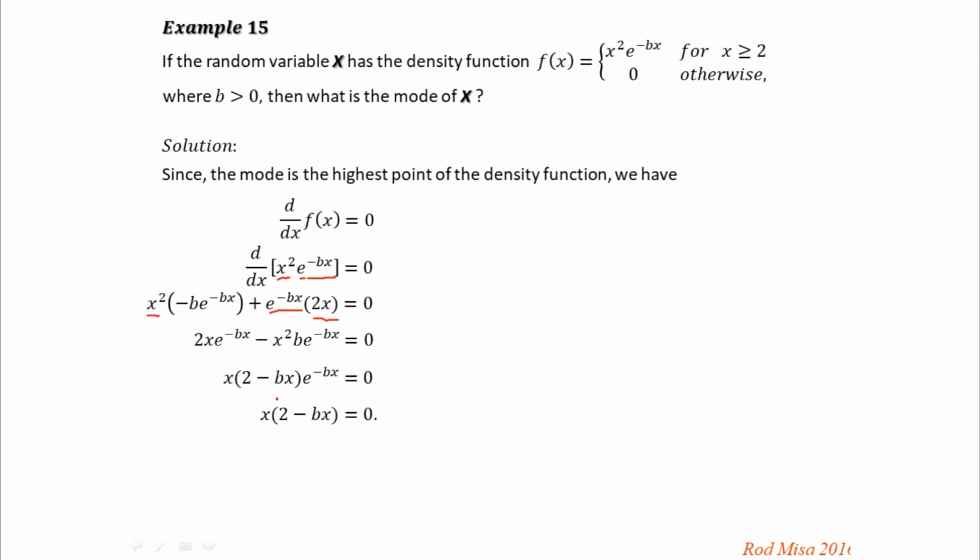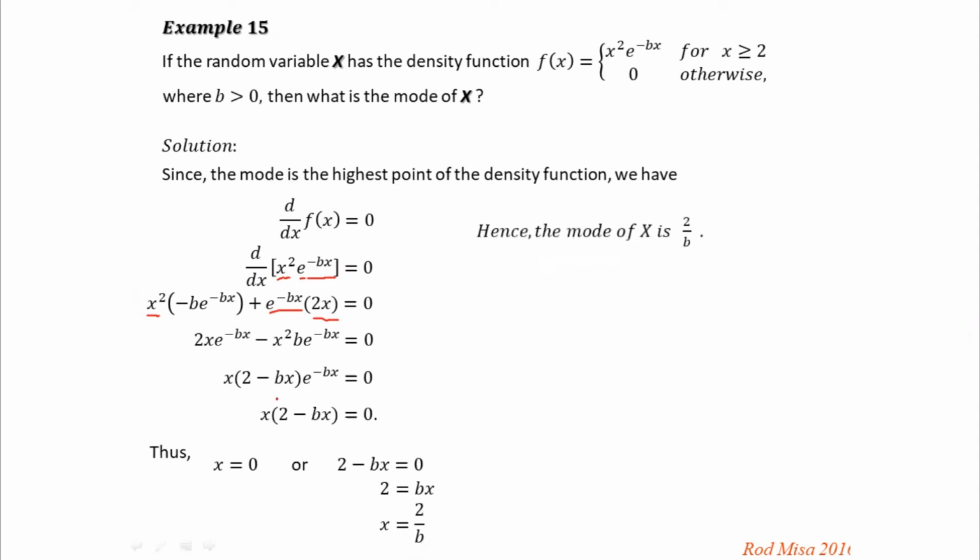And then equating each factor to 0, we have x equals 0 or 2 minus bx equals 0. So solving for x, we add bx to both sides of the equation, so we have 2 equals bx. And then dividing both sides of the equation by b, we have x equal to 2 over b.